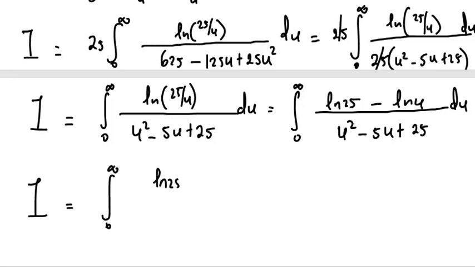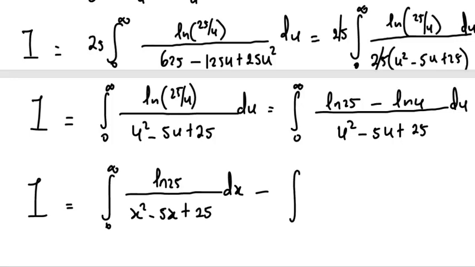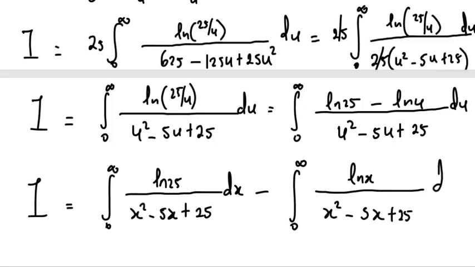This is the integral of the natural log of 25 divided by x squared minus 5x plus 25 dx, and then minus the integral from 0 to infinity of the natural log of x divided by x squared minus 5x plus 25, and then we have our dx.